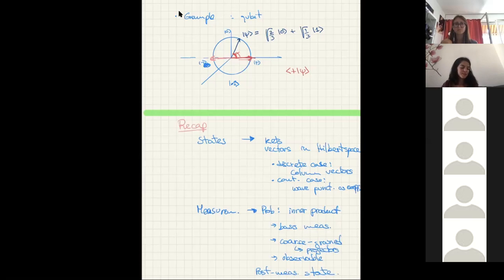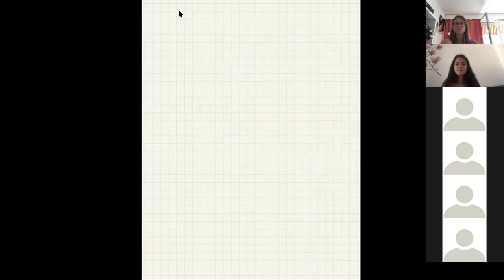So what is missing here to do physics is two things. And this is what we'll do next time. So Thursday, we'll see how states evolve, and we'll see how to compose several systems.